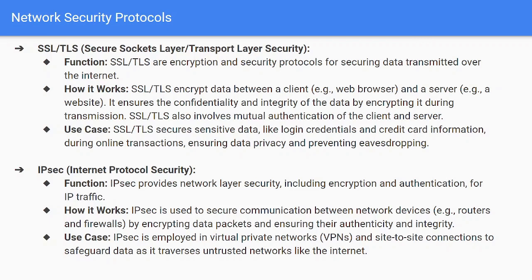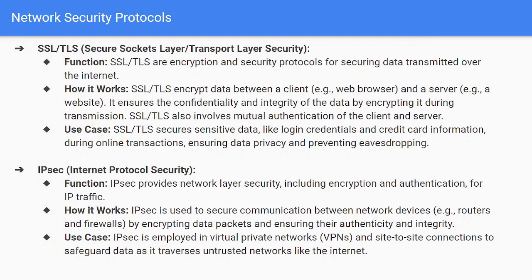It involves mutual authentication on both the client side and the server side. So what use cases can it be used for? It's used to secure sensitive information like login credentials and credit and bank information during online transactions. Mobile applications usually make use of the SSL/TLS protocol.